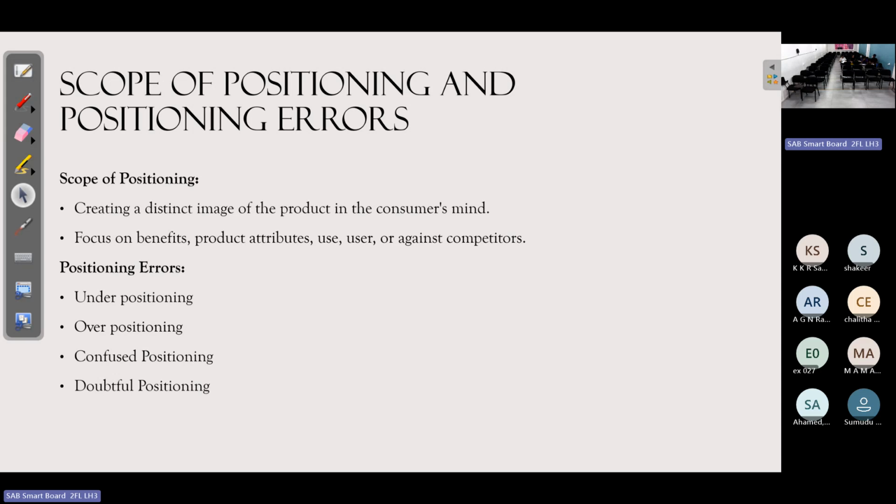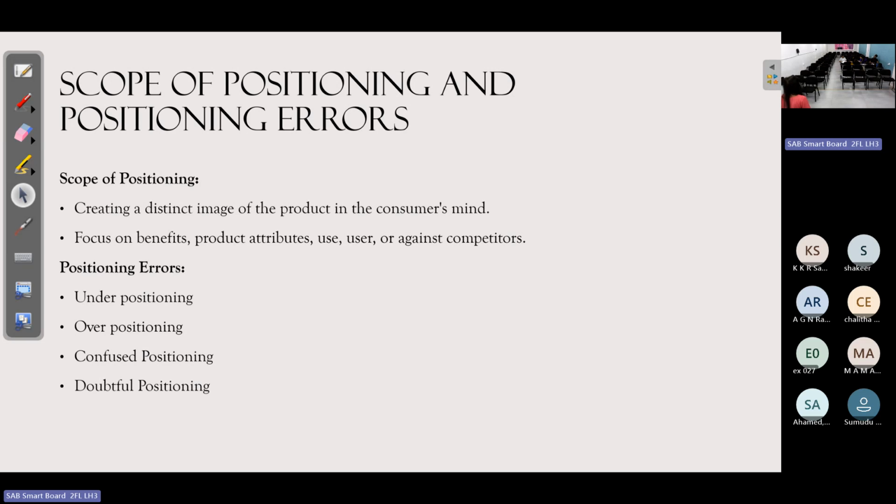So you can write down that marketers are providing conflicting information.